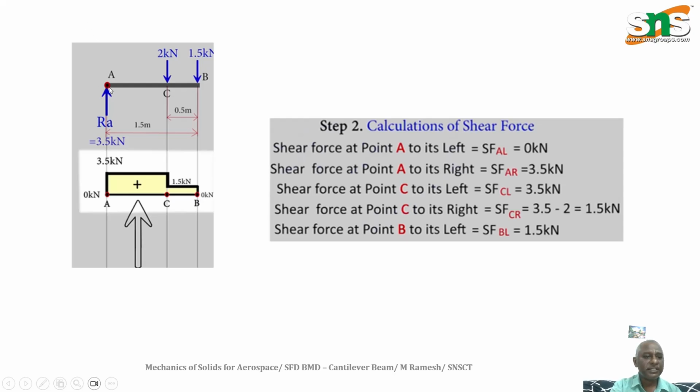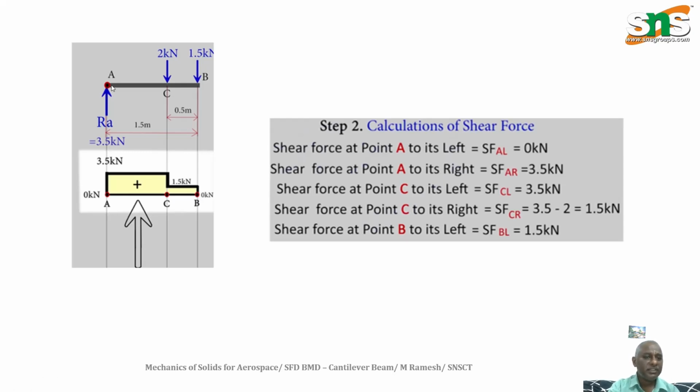And to the right side of A, if you take the reference point at the right, then consider the left side. Now what forces are available? Since you are taking the right side as the reference point, you have only one force, that is RA, which is 3.5 kilonewton.